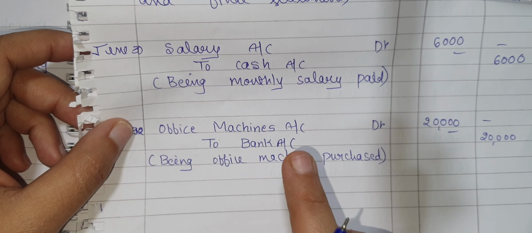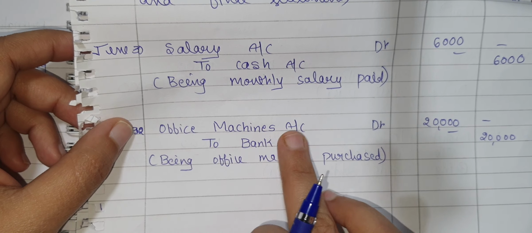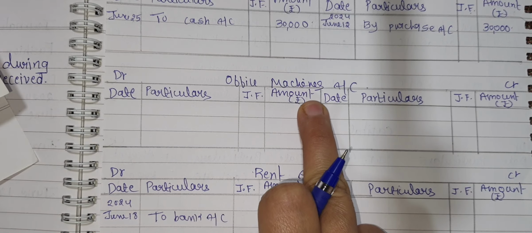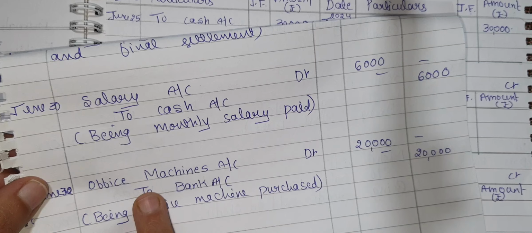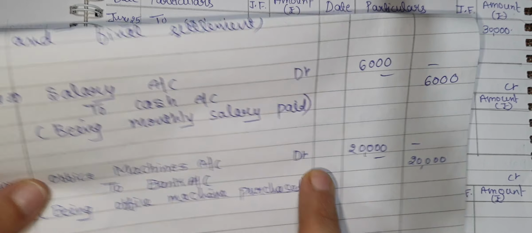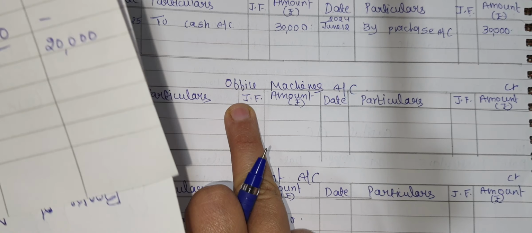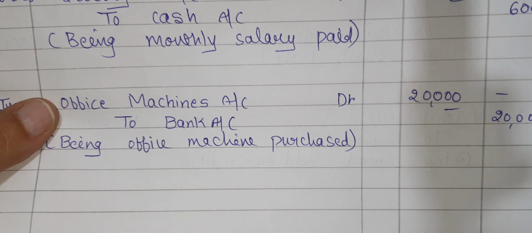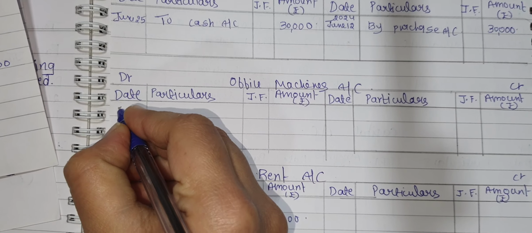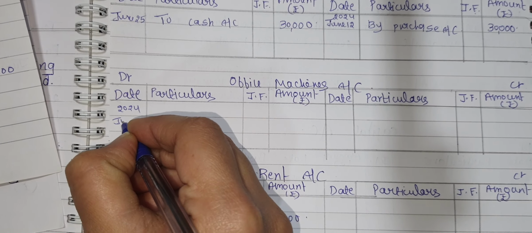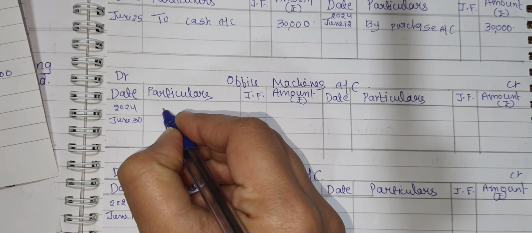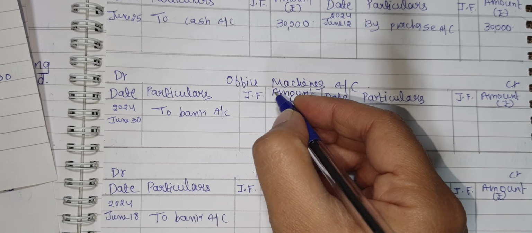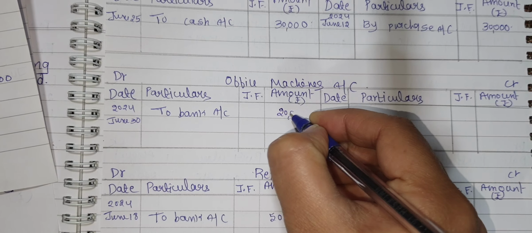Here bank account we have already opened, and we have to open the office machines account. See here, office machines account, and here office machine account is debited. Go to the debit side of office machine account and write down the opposite entry, that is to bank account, that is rupees 20,000.